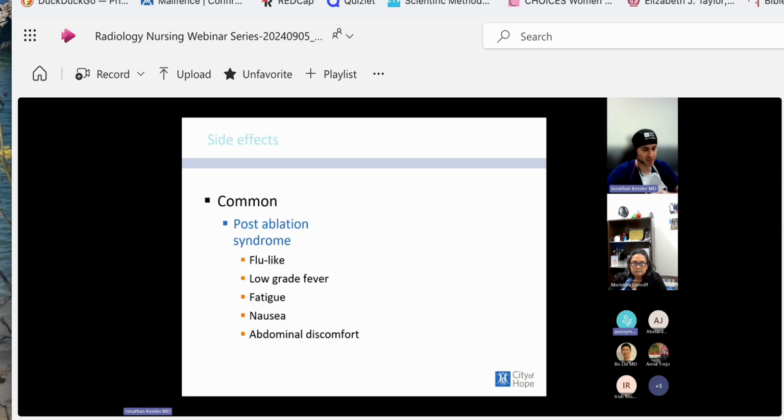Ablation suffers from a similar kind of side effect profile as the other treatments that we talked about. We don't call it post-embolization syndrome because they're not getting embolized, but we call it post-ablation syndrome. Again, this is inflammation within the liver, right?